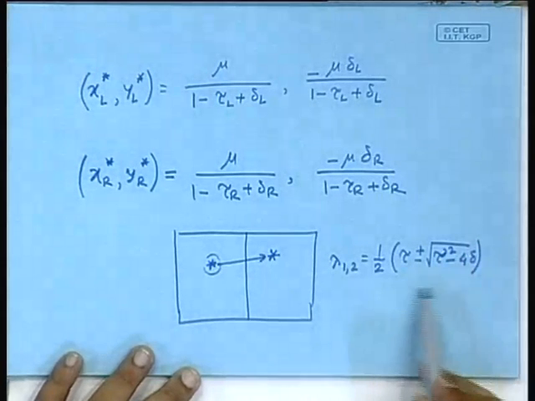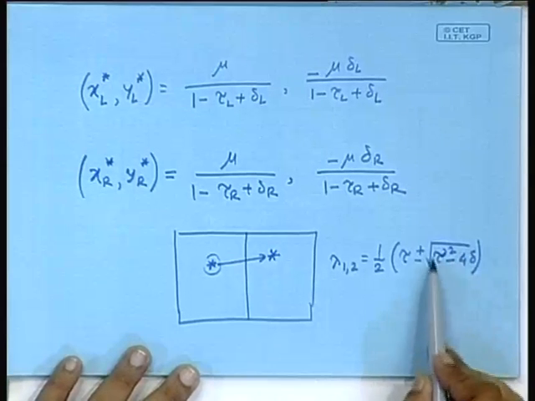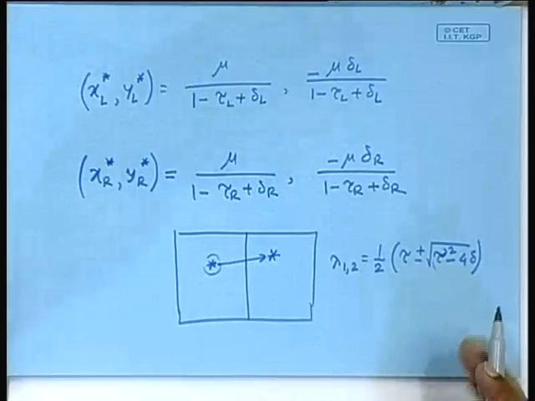Can you see under what condition will it be real? This term should be positive. In other words, the trace should be between -2 root delta to +2 root delta. Look at this. So, in this range it will be complex, outside this range it will be real.